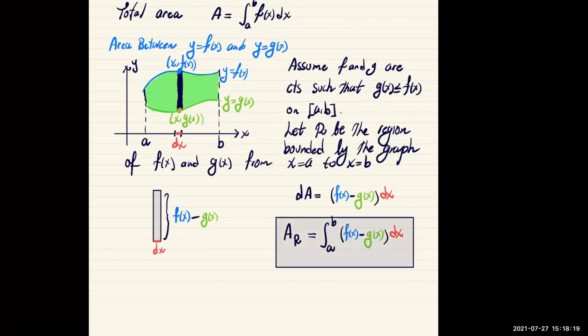So the integrand has to always be positive. If you want the integral to represent area, this integrand has to be positive, meaning that f has to be more than g.